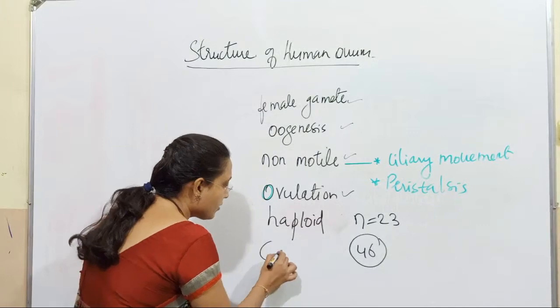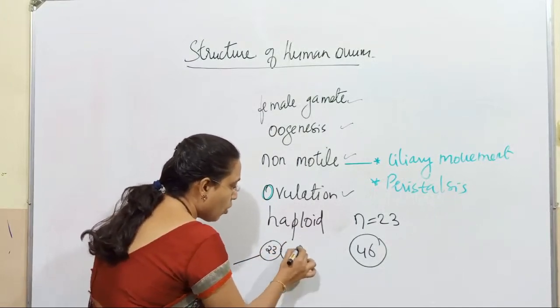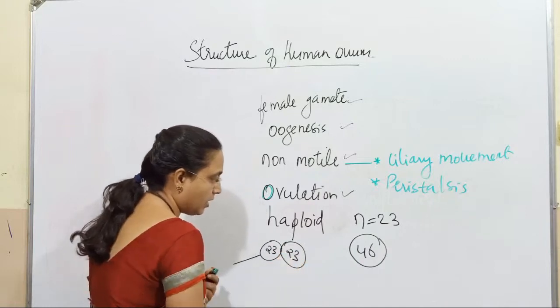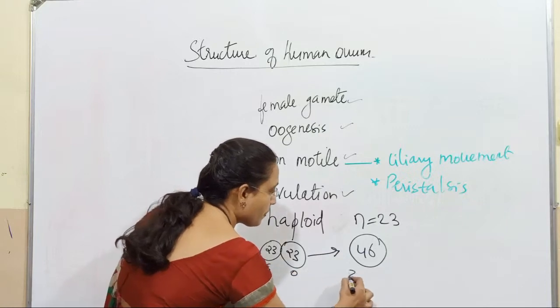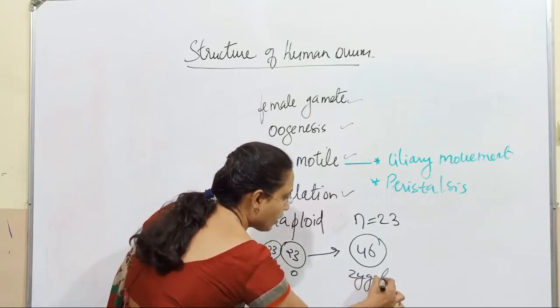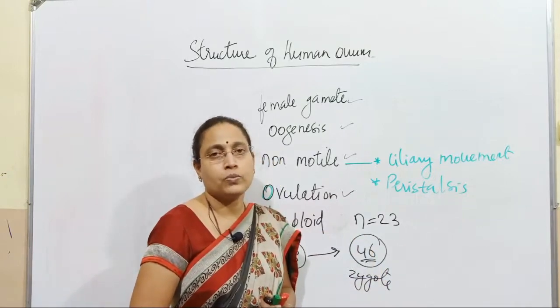Sperm has 23 chromosomes, ovum has 23, and the resulting zygote will have 46 chromosomes.